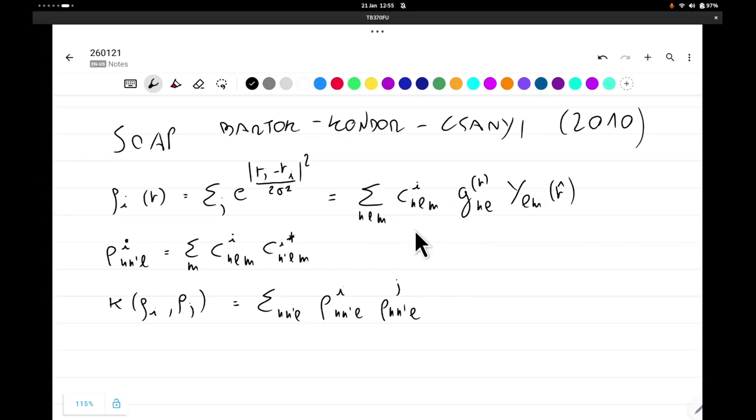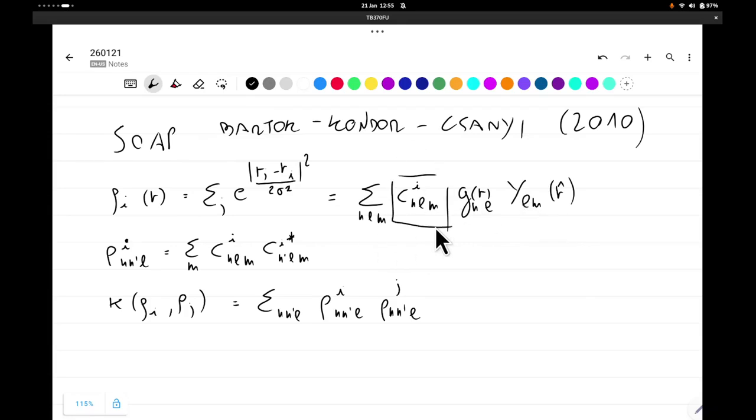Then they say, okay, I can always express this sum of Gaussians as an expansion over a combined radial and angular basis function. So this g of r is a radial function, and then spherical harmonics. So a product of these, and then I have some coefficients.